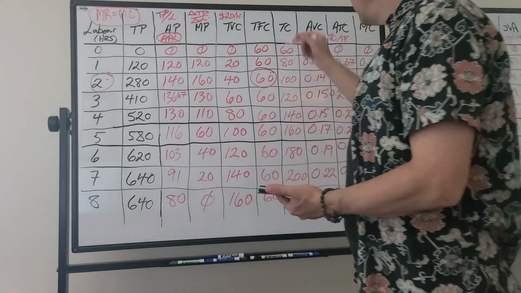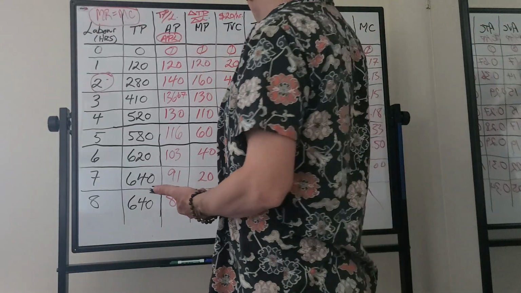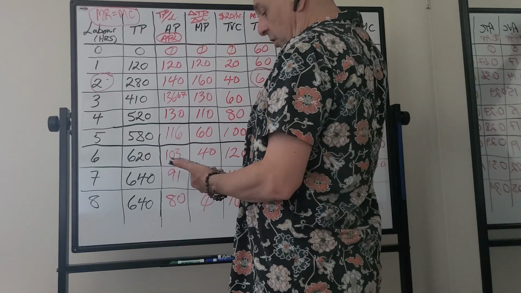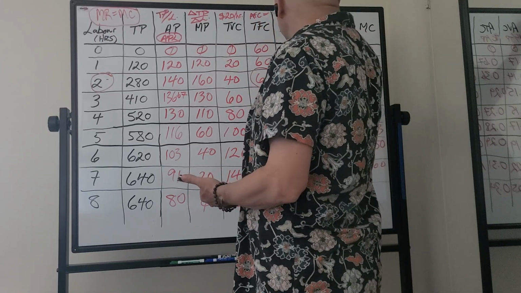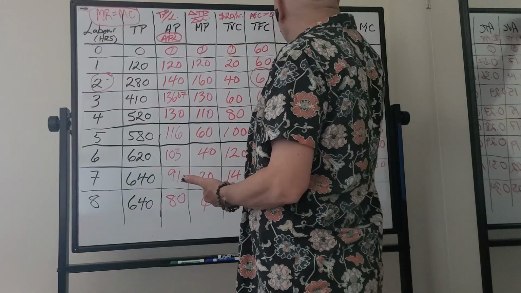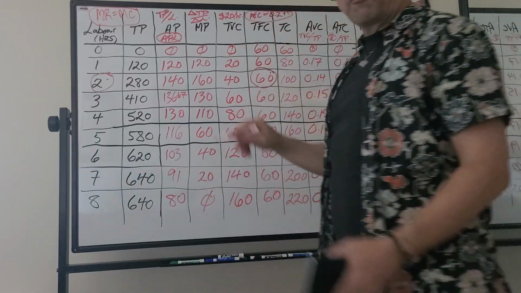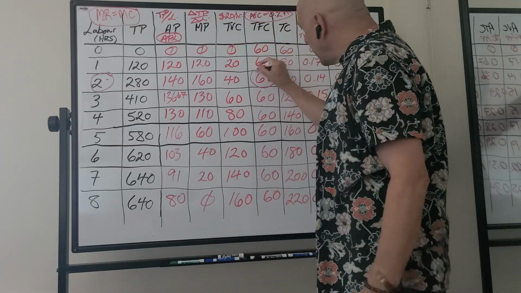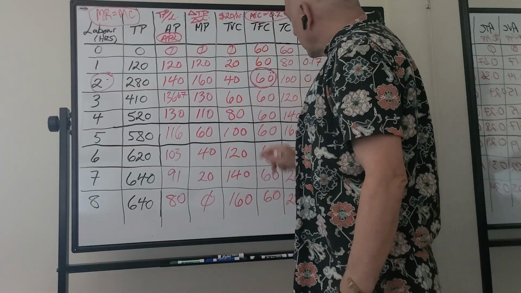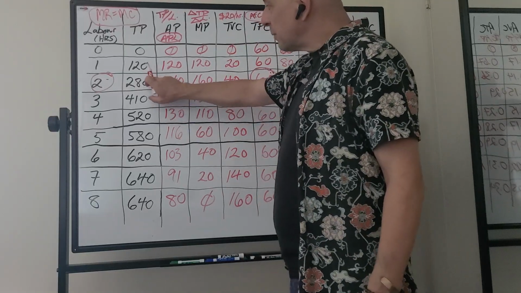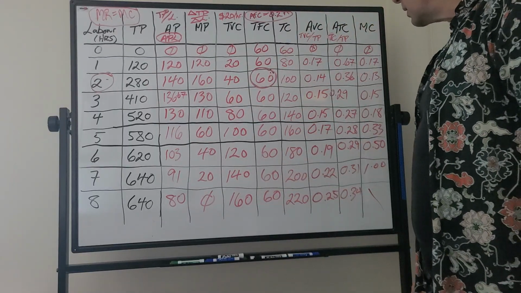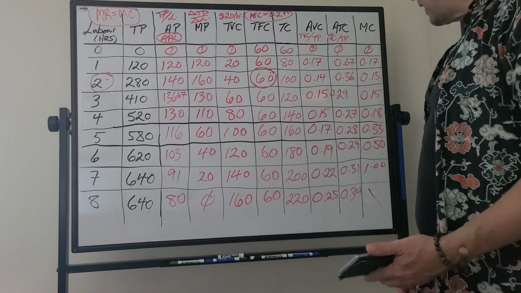So our average fixed cost at that level equals about 21 cents, 0.21, right? So when we're looking for the average of any of these, the average fixed cost, we're going to take the total fixed cost and divide it by the total product, the number of units that we're producing.